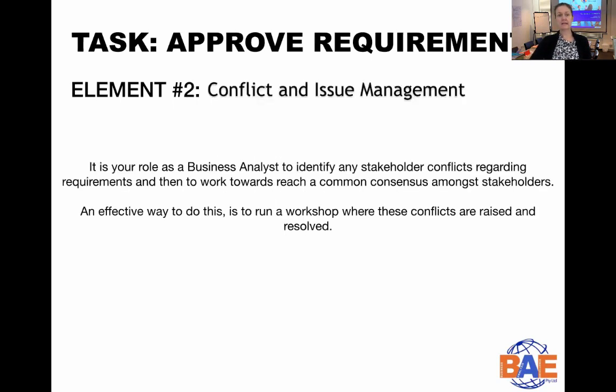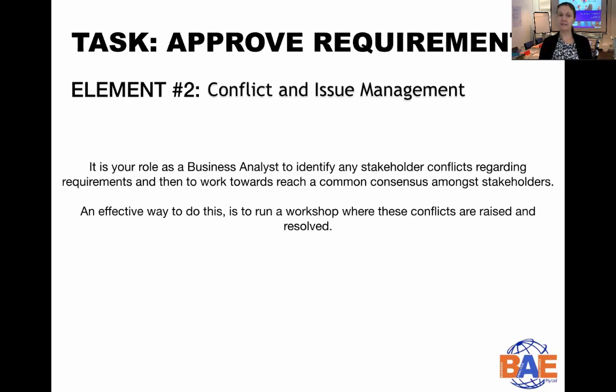Okay, so element 2, conflict and issue management. It's your role as a business analyst to identify any stakeholder conflicts regarding requirements and then to work towards reaching a common consensus among stakeholders. An effective way to do this is to run a workshop where these conflicts are raised and resolved.